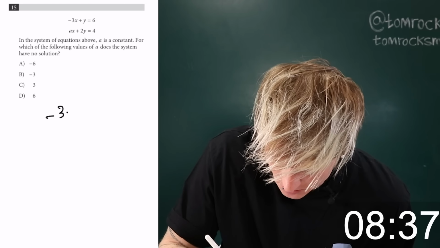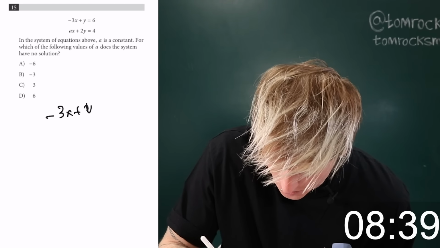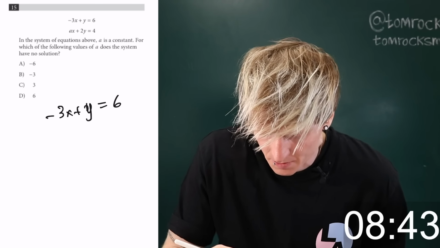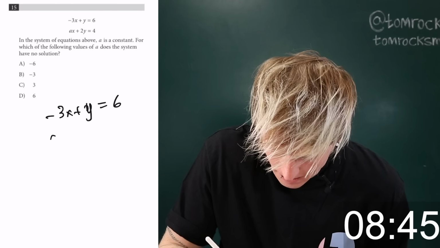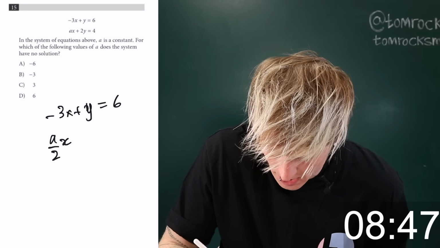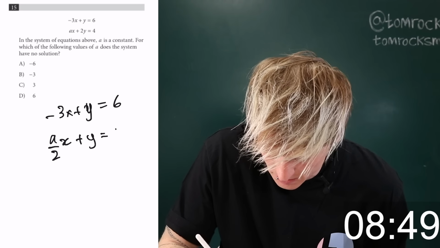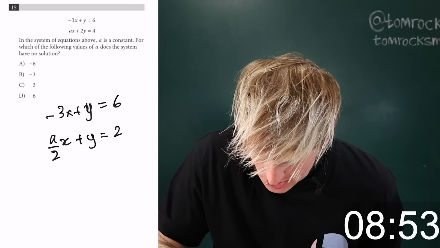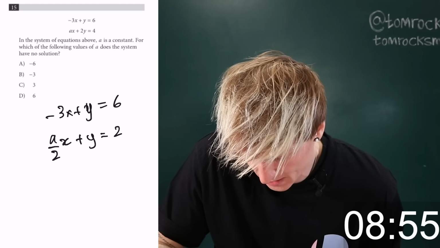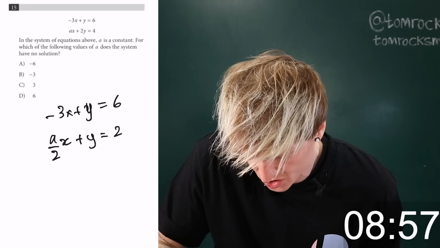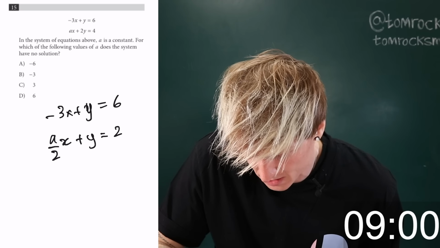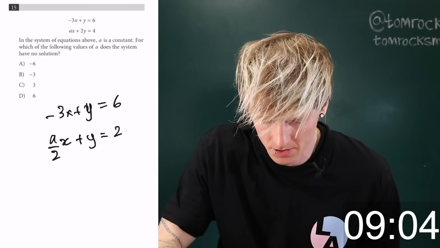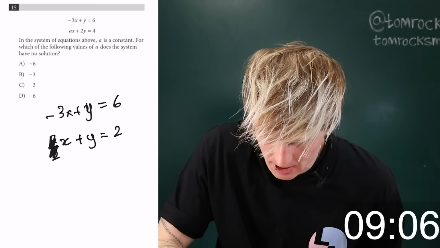So if we have minus 3x plus y equals 6, then we'd have a over 2 x plus y needing to be 2, multiplying that second equation by half. Can't make them the same like that though, can we? Okay, let's maybe not do that. I'm not sure that's a good idea.